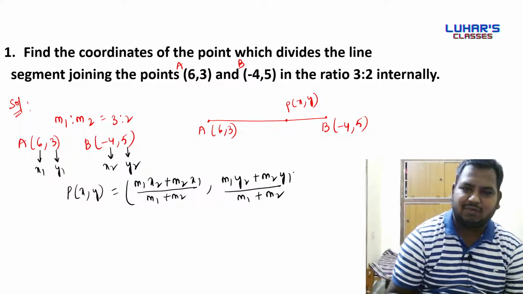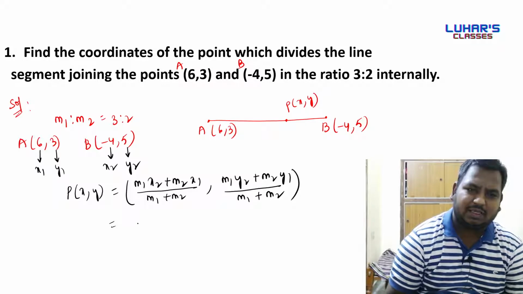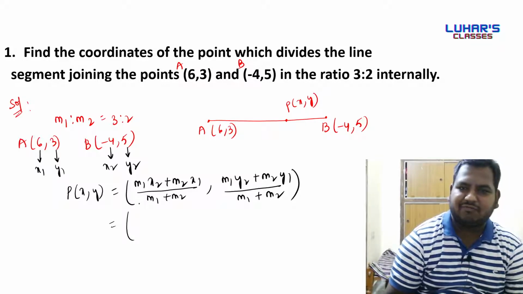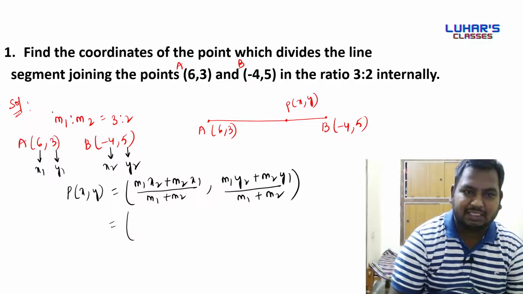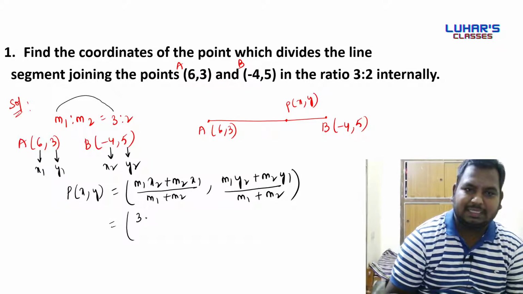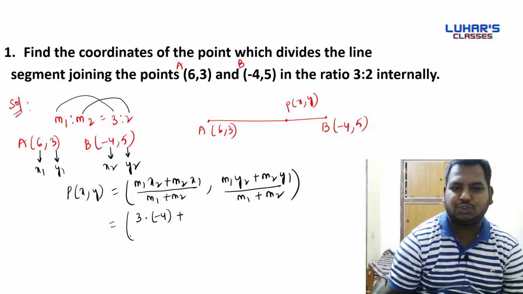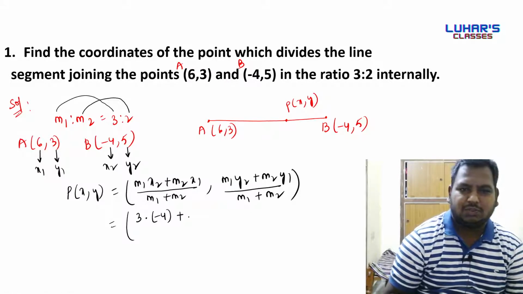This is section formula. Let us apply section formula to find the coordinates of P. First we have m1, m1 is 3. Then x2, x2 is minus 4, plus m2, m2 is 2.